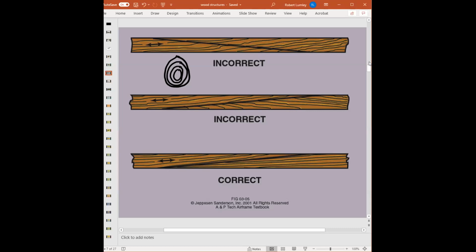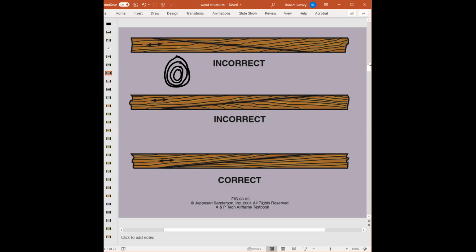Now, if you look under non-acceptable, they say hard knots are unacceptable if they create more than a 1 in 15 grain deviation, if the knot is larger than 3/8, or if the knot is not within the center third of the board.